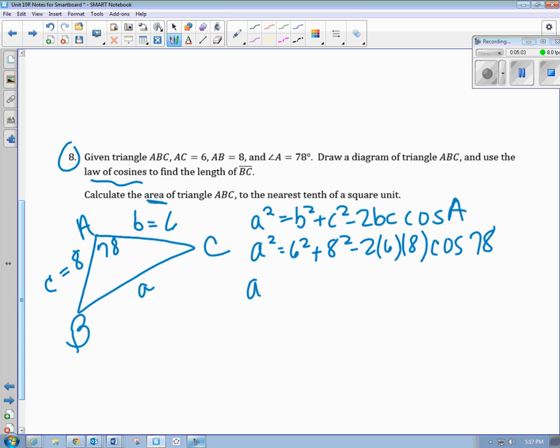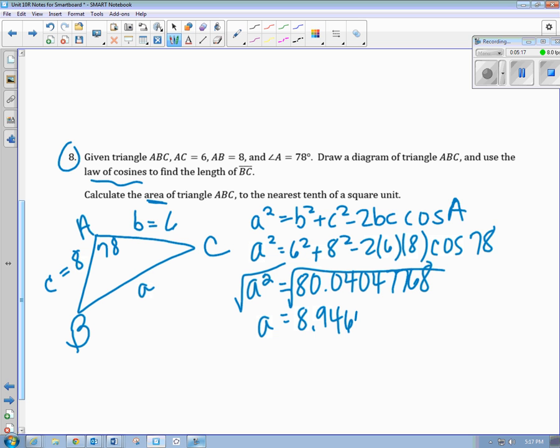Type that all into my calculator, and I get 80.04047768. Square root both sides, and I get that A is equal to 8.946534395. They are not telling me to round, so of course I'm not going to do that. I'm going to leave that as my final answer to the first part, which we'll call A.